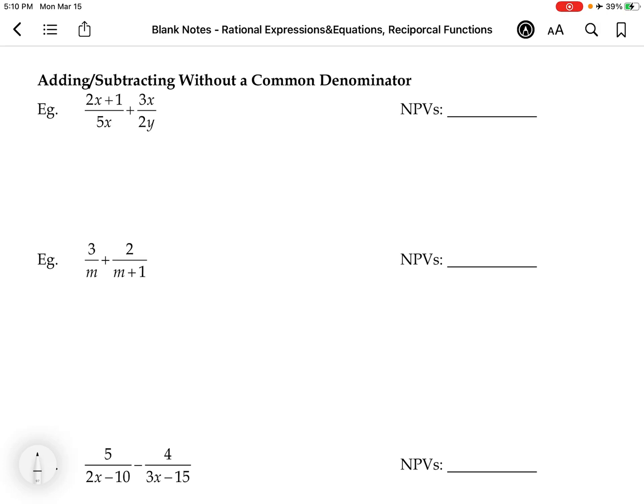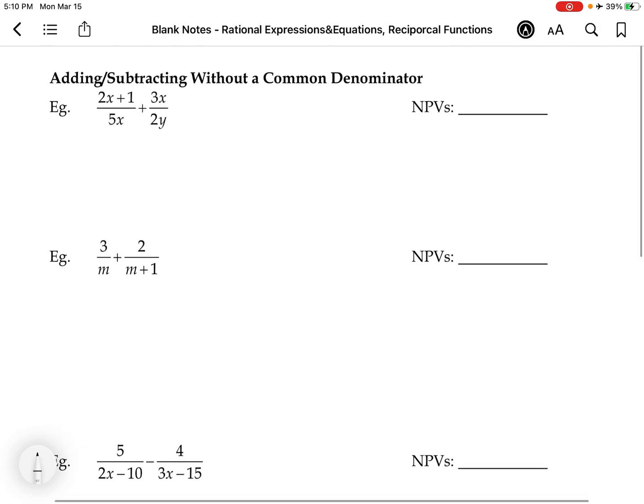So what we have here is a situation like the one where we were doing 1/5 plus 1/3, right? And the LCD was 15. It was 3 times 5. Same sort of thing here. When there are no shared factors in the denominator, the LCD is going to be the one times the other: 5x times 2y, okay?